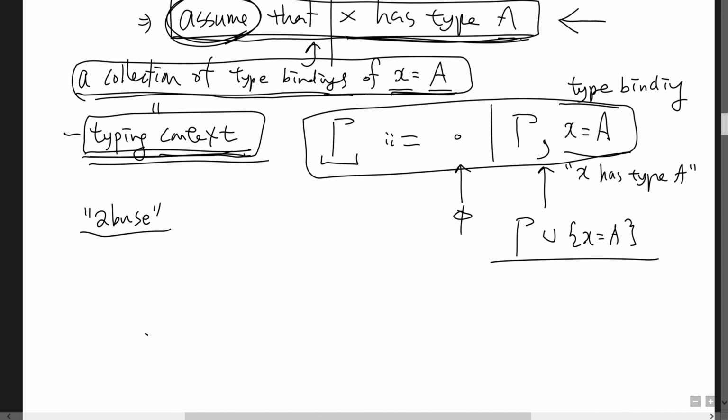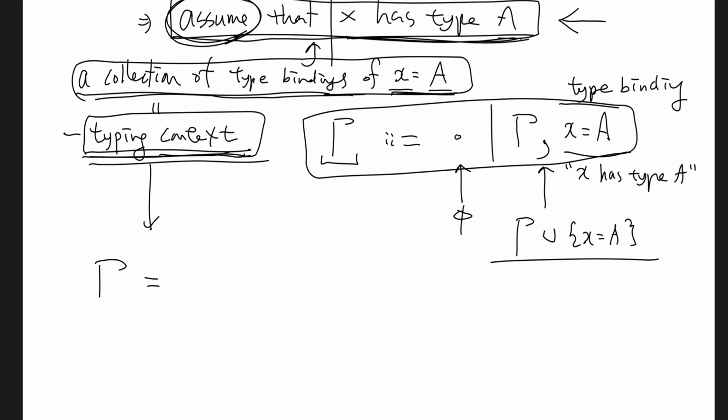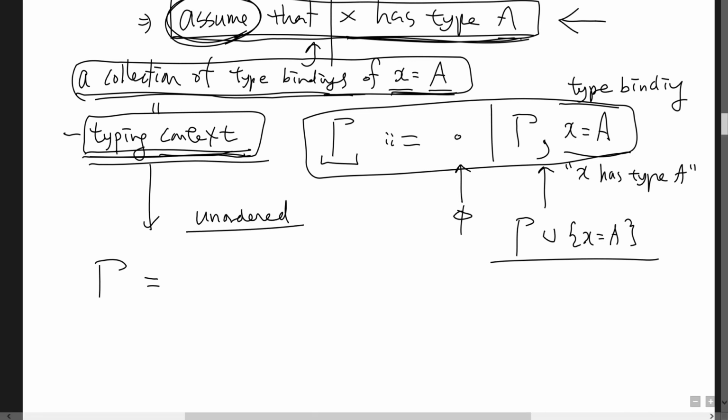Remember that this typing context gamma is a collection of type bindings. To be more specific, it is an unordered set of type bindings of this form.